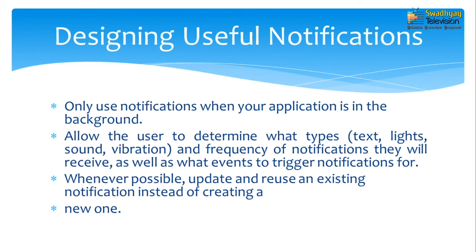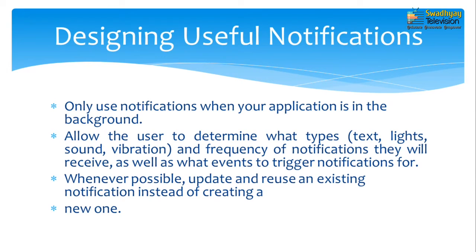Now, what you have to consider while designing useful notifications is listed on screen. These points you have to keep in mind while designing a notification. First point is only use notification when your application is in the background. For a foreground application you can use toast, but for background you have to use notification.